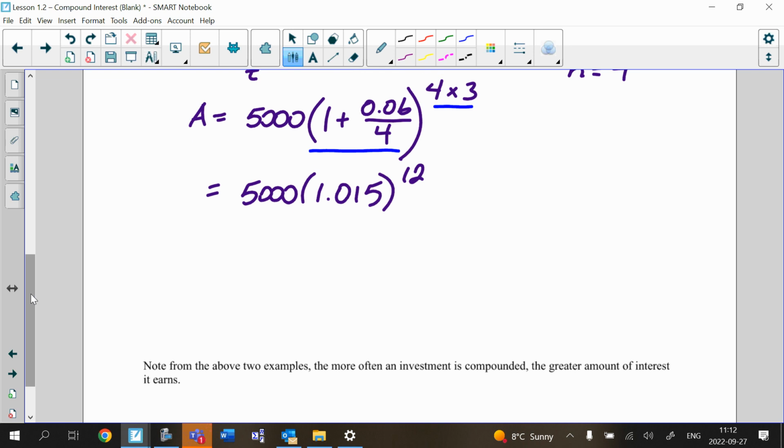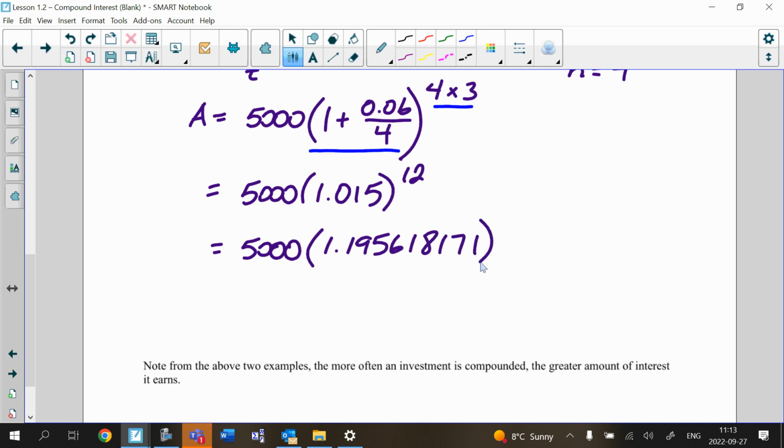And then when you multiply those two together, and remember, whenever you answer in money, you always round to 2 decimal places, it's $5,978.09. Whoops, that's not the end of the question. So how much did he earn this way?